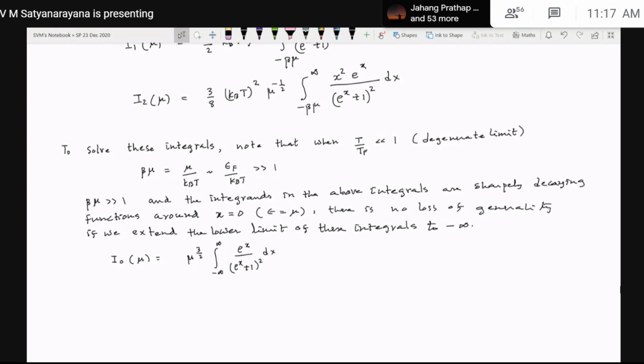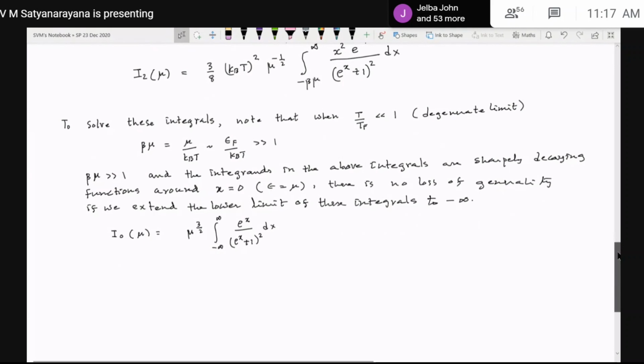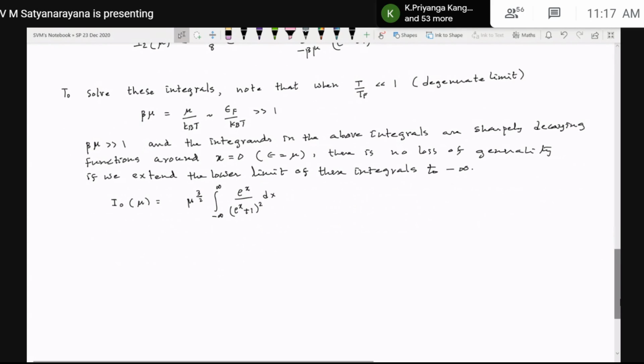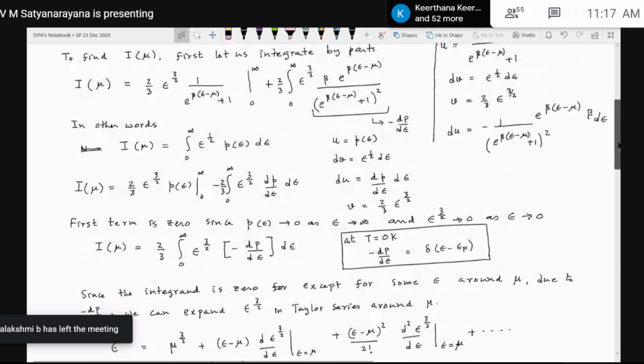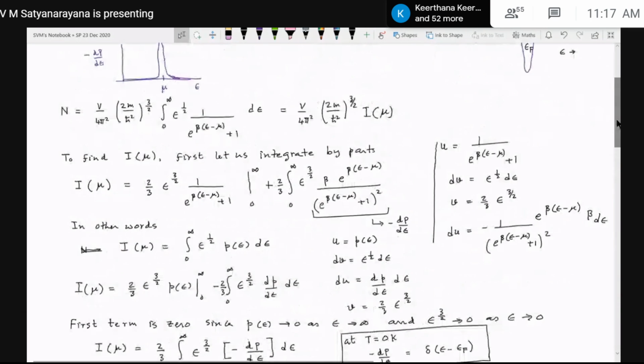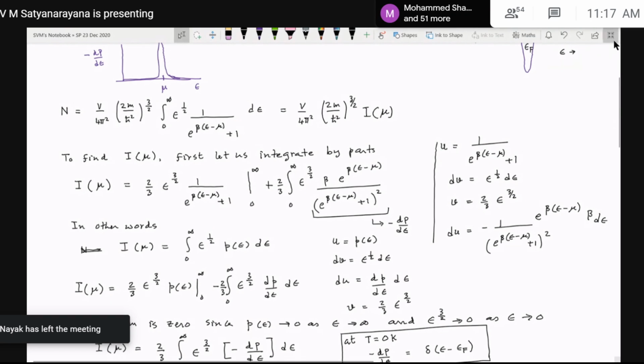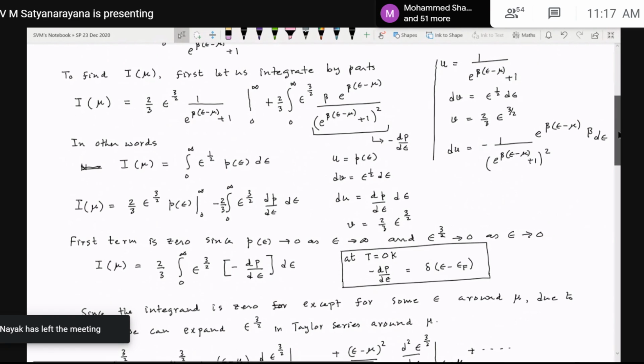Now remember this situation that I have. What is this function? If you recall, this function is exactly minus dp by d epsilon.